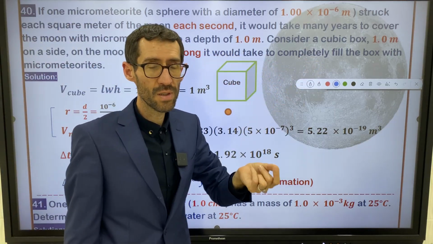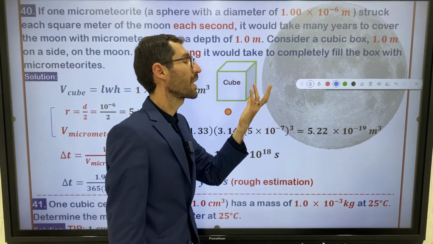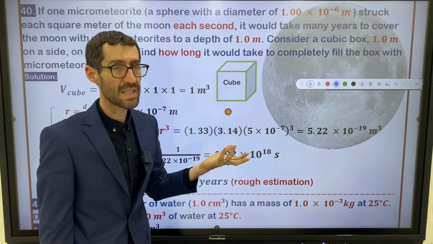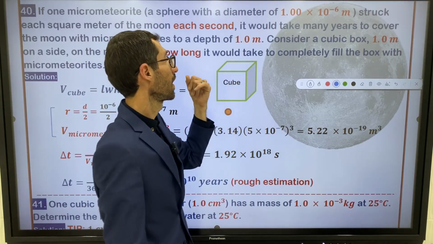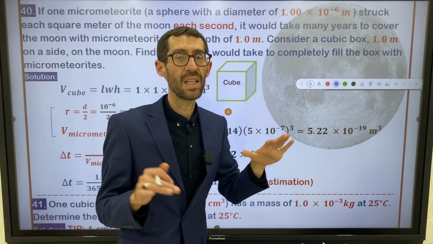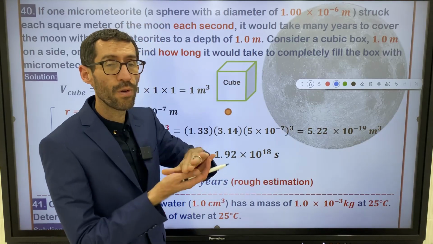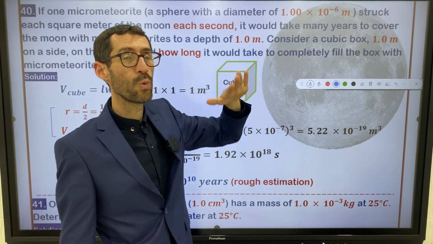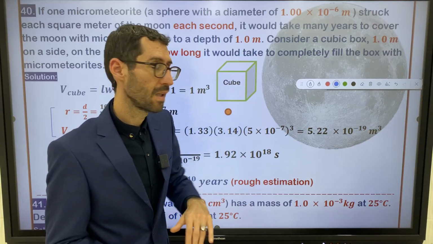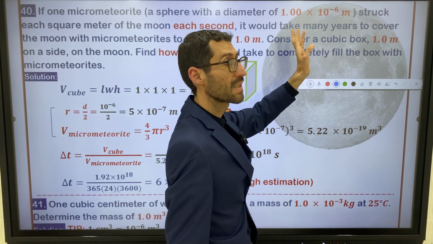Because they are micrometeorites, they are very tiny meteorites. It would take several years to cover the entire surface of the moon, especially to a depth of 1 meter, above the lunar surface.